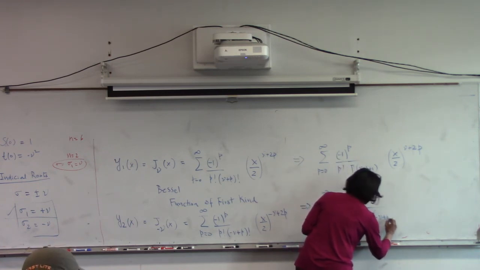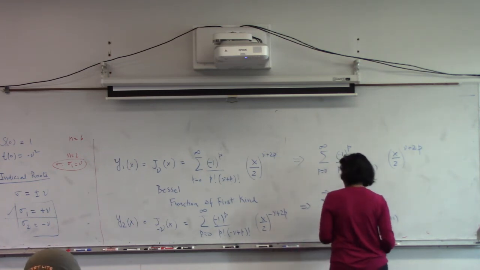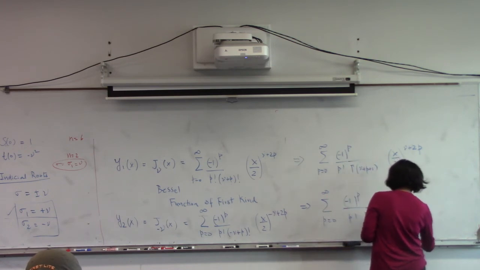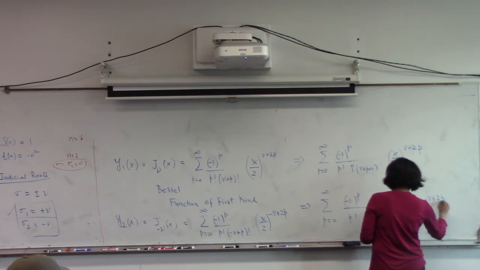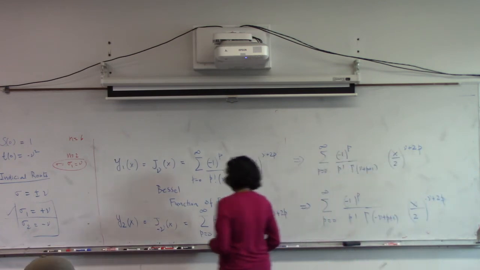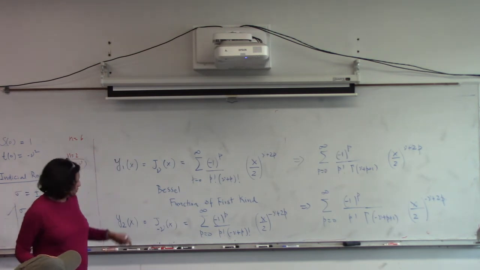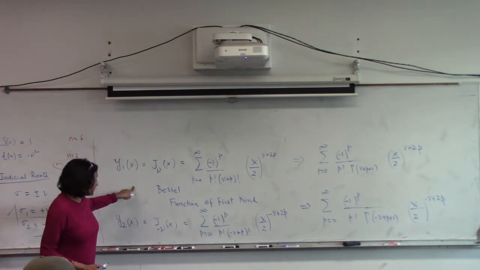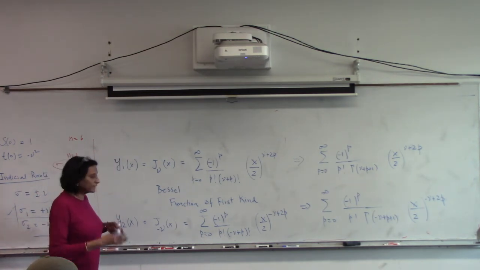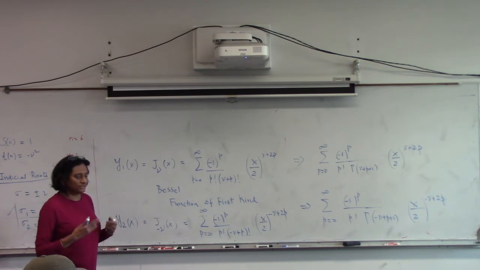Mu plus p plus 1. Right. So this is the definition from which you can calculate J0, J1, J2.